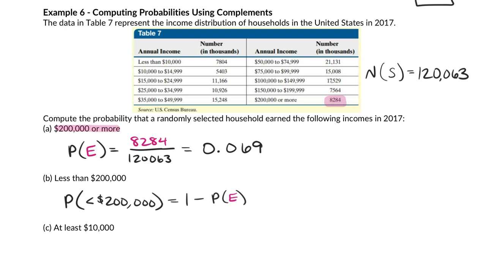So this idea of complements can sometimes speed up our processes because we don't have to add all those numbers together, especially if our data was like ginormous. That would be annoying. So we can use the idea of complements. So we're doing 1 minus 0.069, which if we fast forward is 0.931 or 93%.